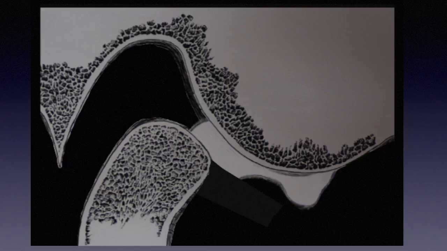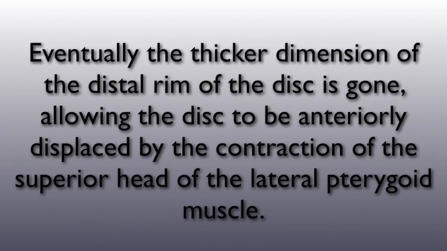It is progressive because the superior head must maintain the condylar detrusion space as required by the occlusion of maximum intercuspation as the disc is continuously deformed. Eventually, the thicker dimension of the distal rim of the disc is gone, allowing the disc to be anteriorly displaced by the contraction of the superior head of the lateral pterygoid muscle.